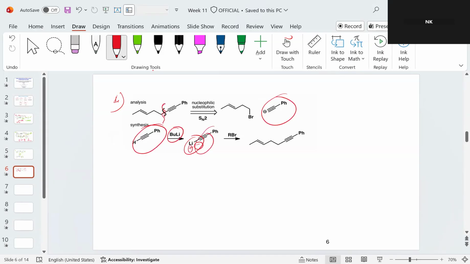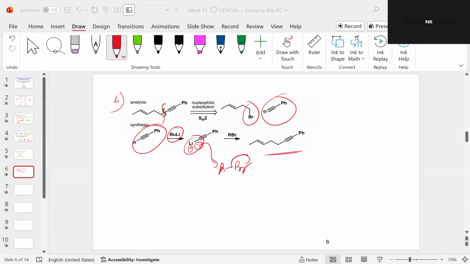So this alkyne can act as a nucleophile, and you can use it for this substitution reaction. In this case, we have this alkyl bromide. So this negative center can replace this bromine, and we can get such a target molecule. So this is about the linear synthesis problem.